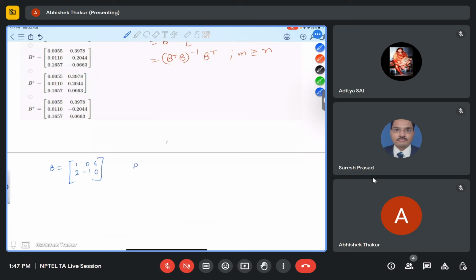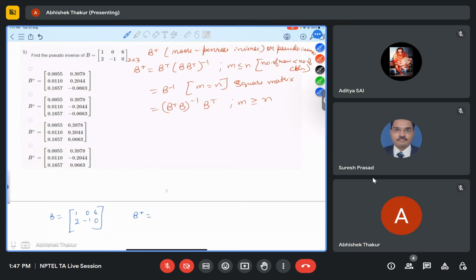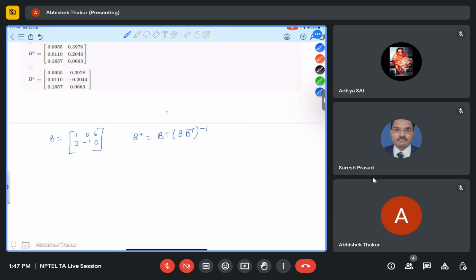So now our pseudo inverse is equal to B transpose into (B B transpose) whole inverse. See, our B is a 2 cross 3 matrix, so B transpose is 3 cross 2.